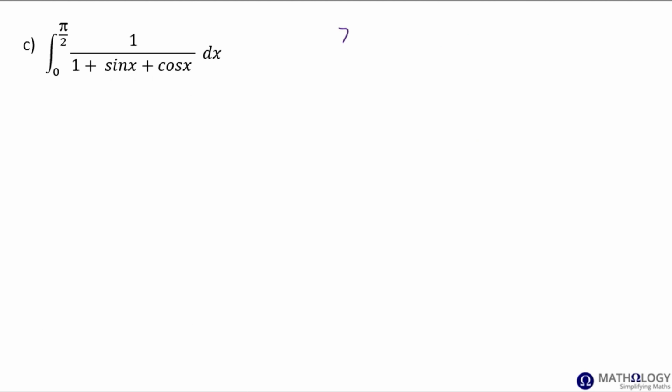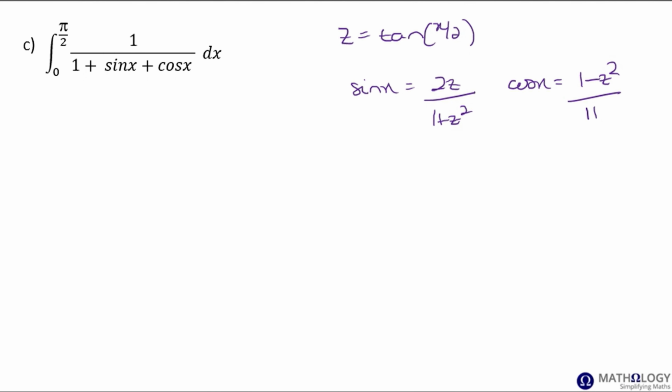Okay, so z equals tan(x/2), sin x equals 2z over 1 + z squared, cos x is (1 - z squared) over (1 + z squared), and dx equals 2 over (1 + z squared) dz.